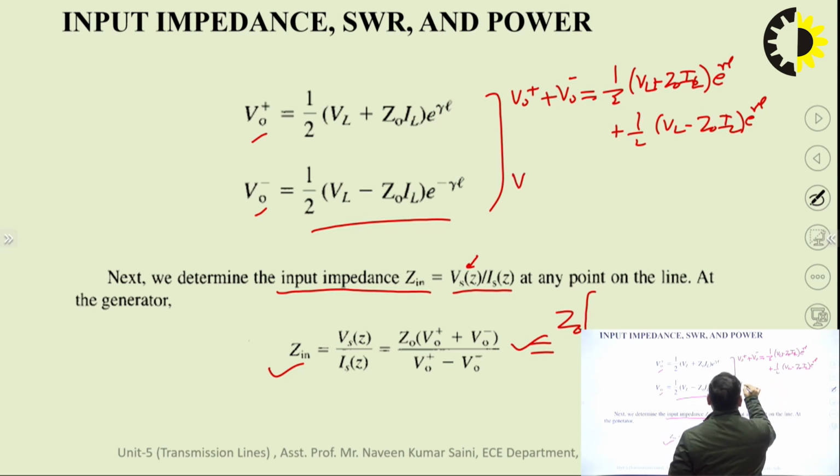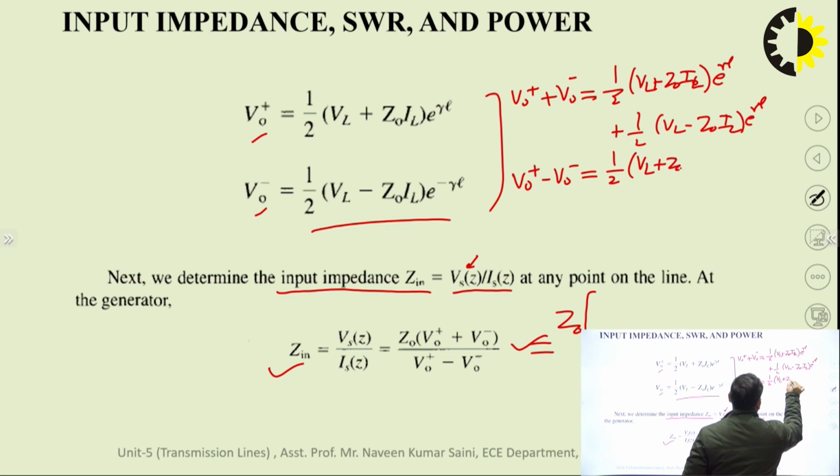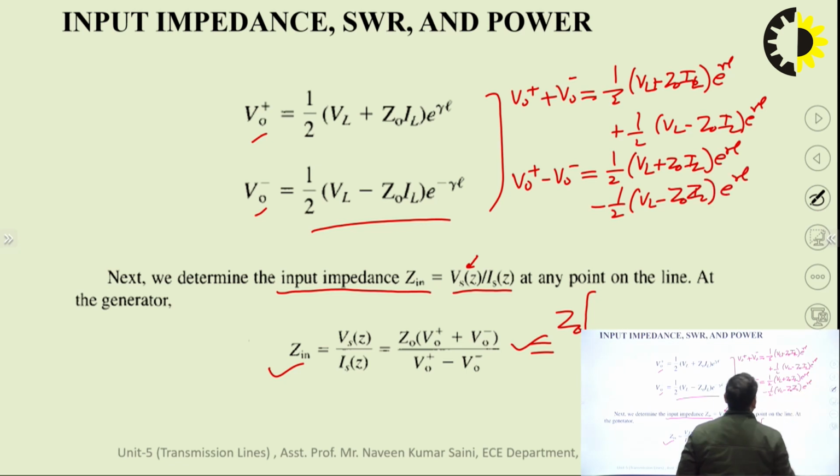Similarly, we can find V naught plus minus V naught minus, that is equal to half VL plus Z naught IL e to the power gamma L minus half VL minus Z naught IL upon e to the power gamma L. So, we can combine these equations.